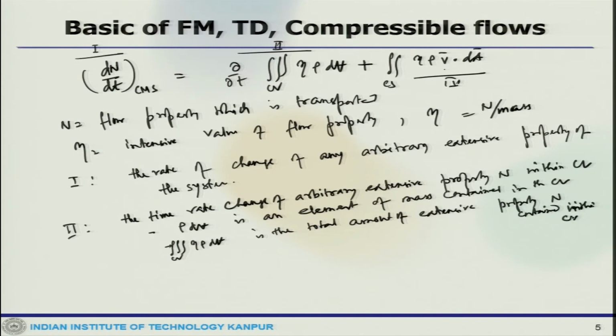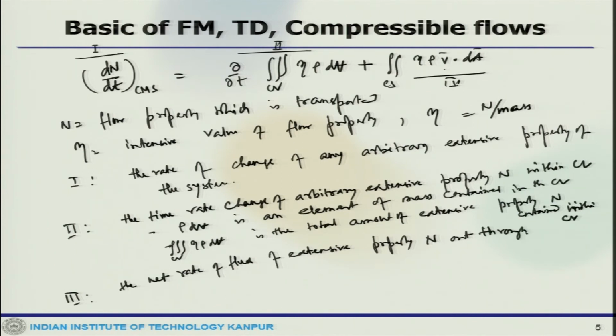Third term, which is the net rate of flux of extensive property N out through the control surface.